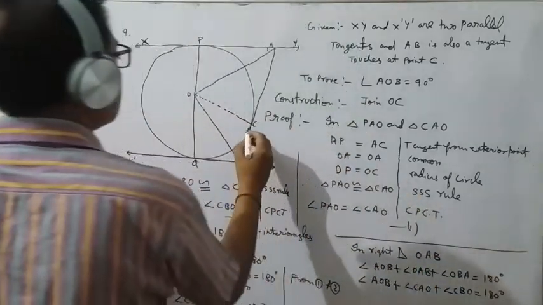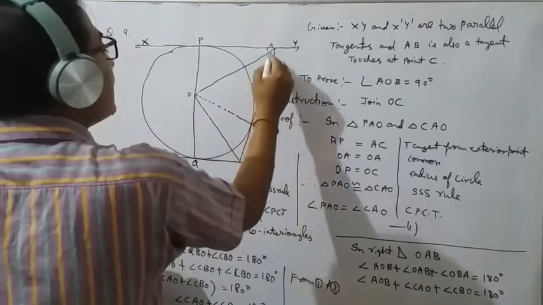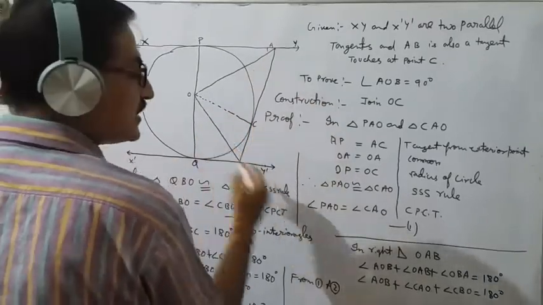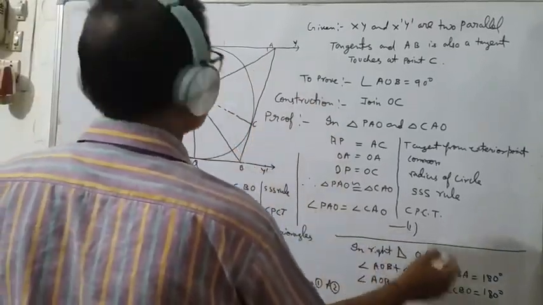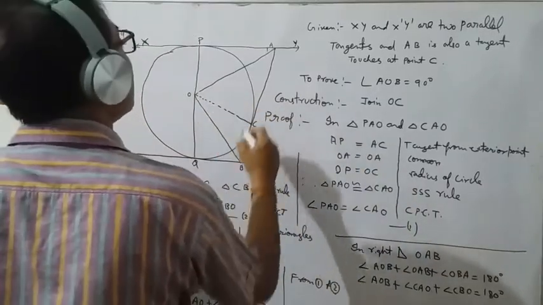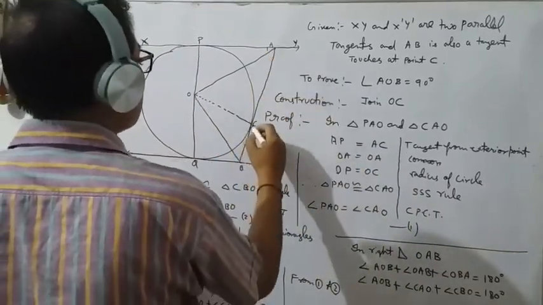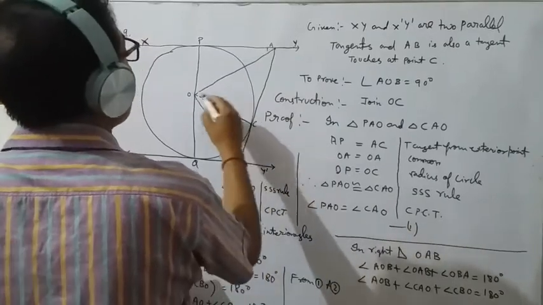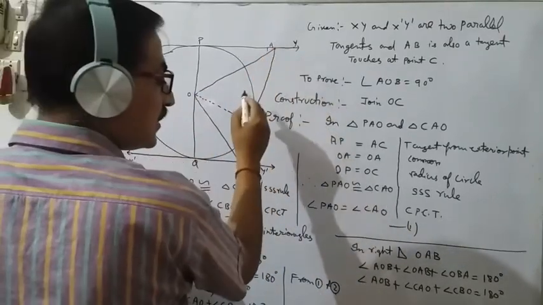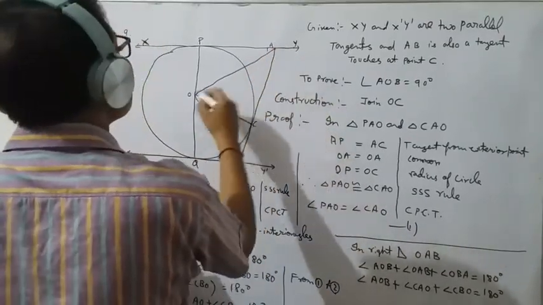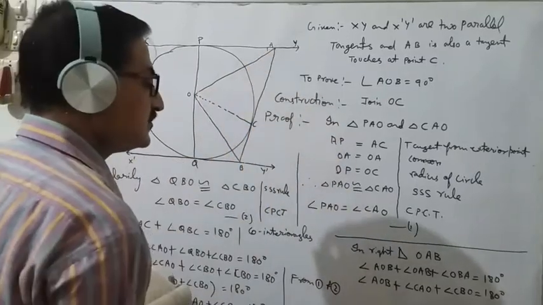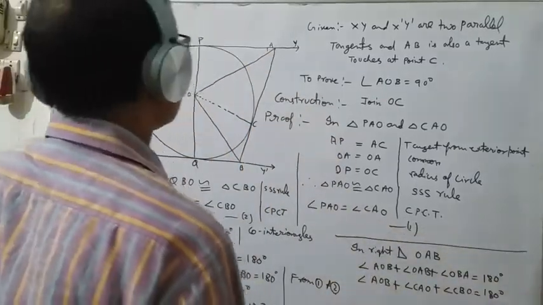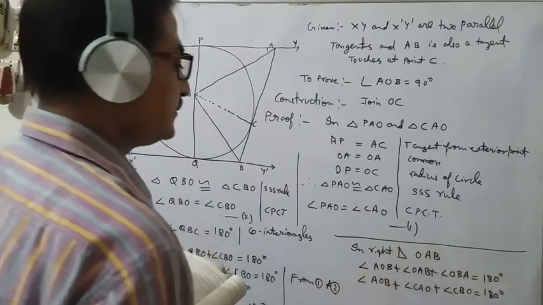Angle OBA is angle CBO, and angle CAO is the same as angle OAC or angle OAB.